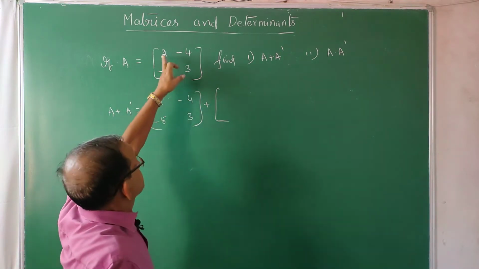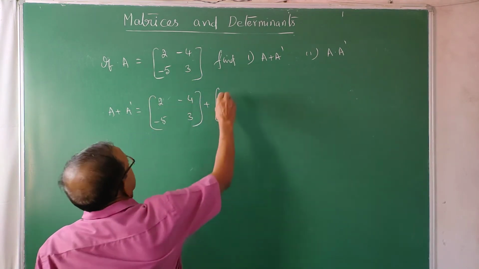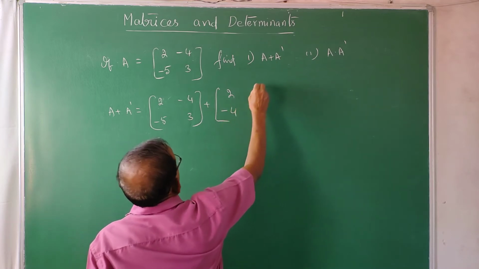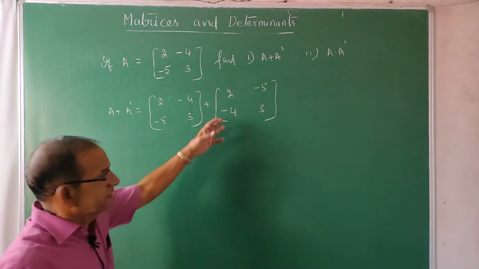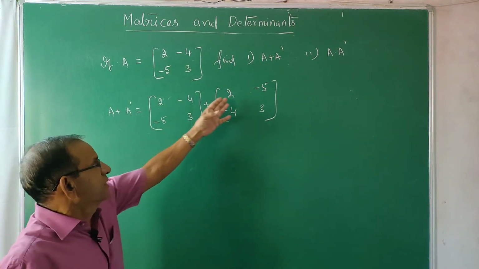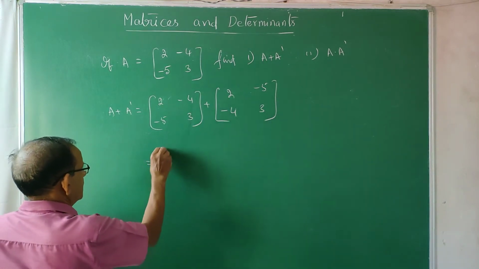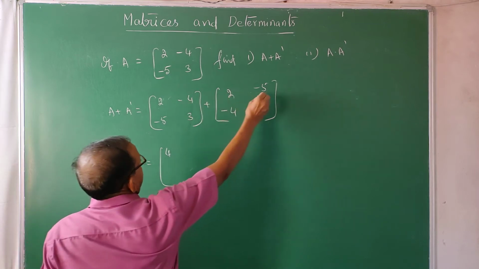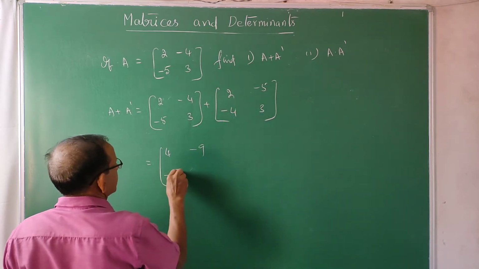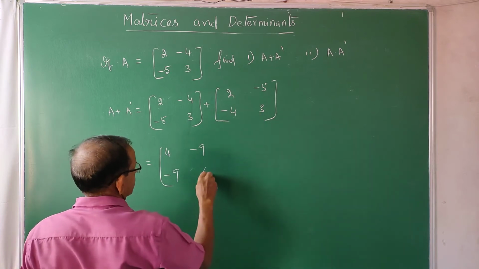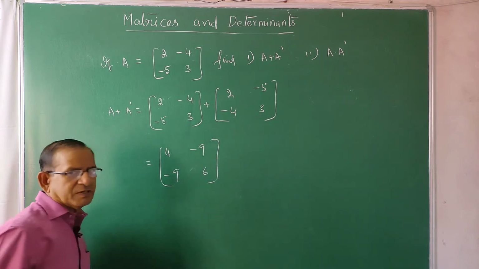Take the rows as columns: 2, minus 4, minus 5, 3. This is A transpose. Add corresponding elements: 2 plus 2, that is 4. Minus 4 minus 5, minus 9. Minus 5 minus 4, minus 9. 3 plus 3, 6. This is A plus A transpose.